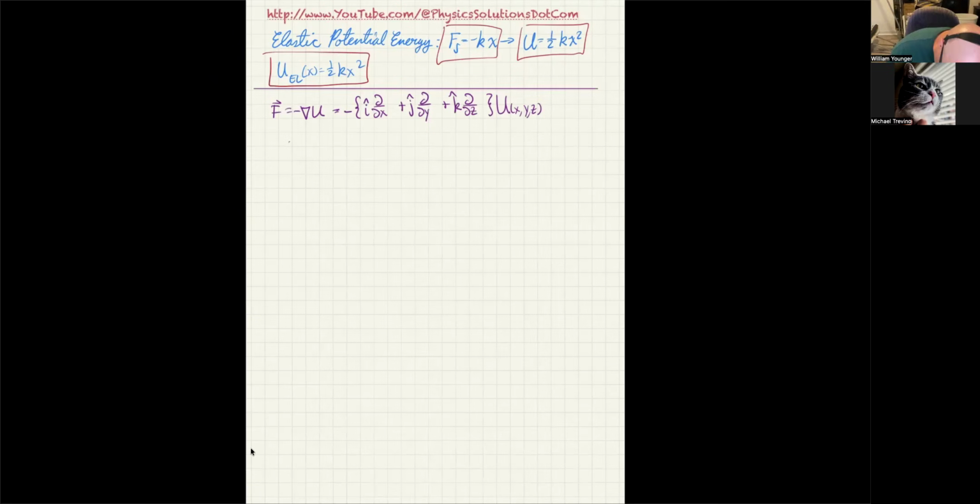Because of that, what we get is negative partial of U with respect to x times i hat, minus the partial of U with respect to y times j hat, minus the partial of U with respect to z times k hat. That is the gradient of U.